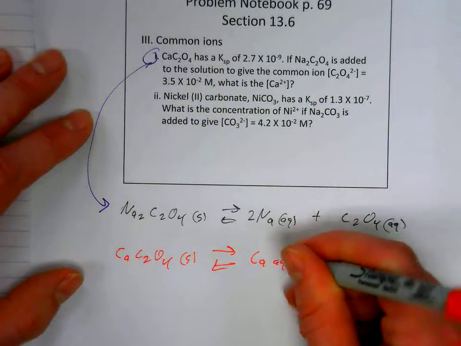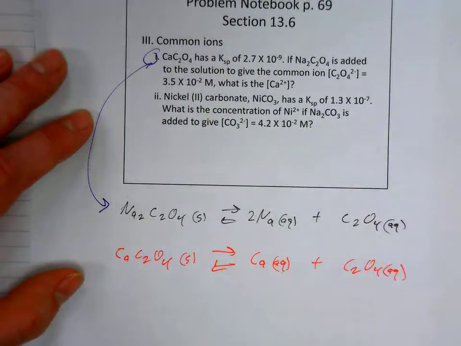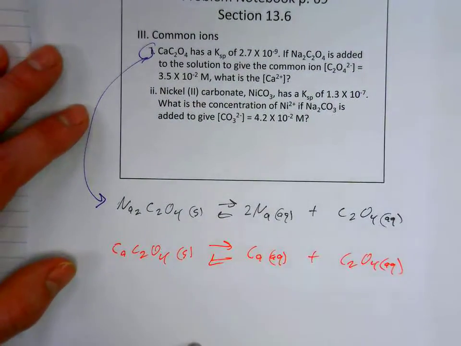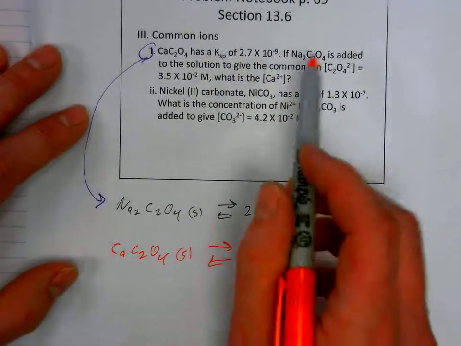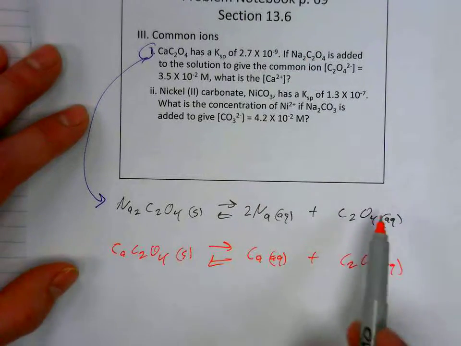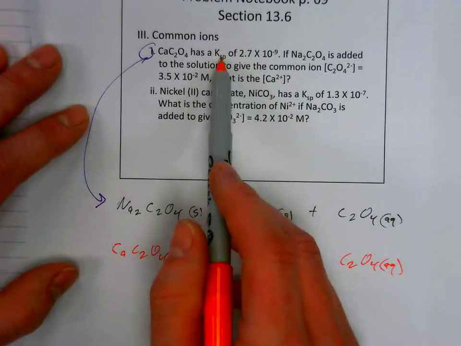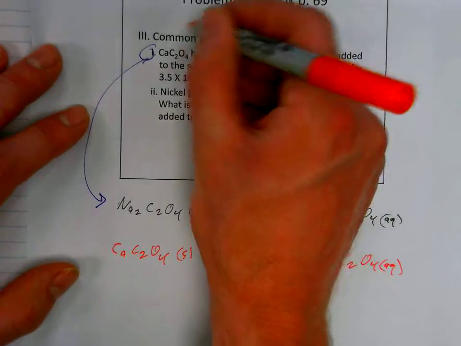All right, so we actually have a couple of things going on here. There's calcium chromate, and there's also sodium chromate. Now we're given the solubility product expression for the calcium chromate. We're given the constant for that one. But then it says that it adds some of this too.